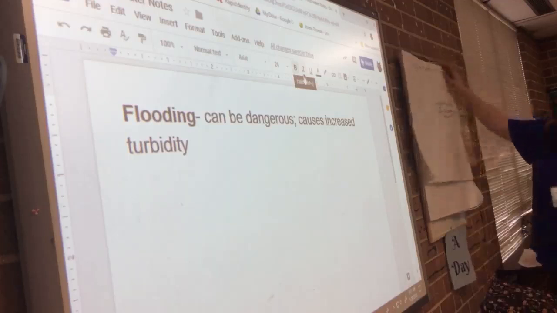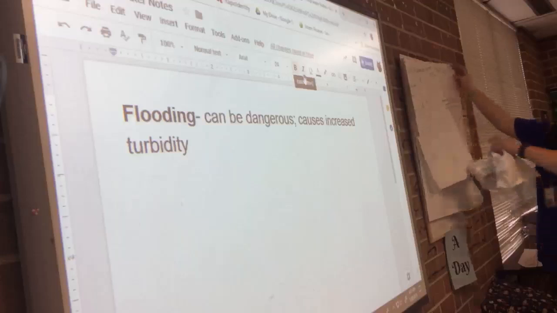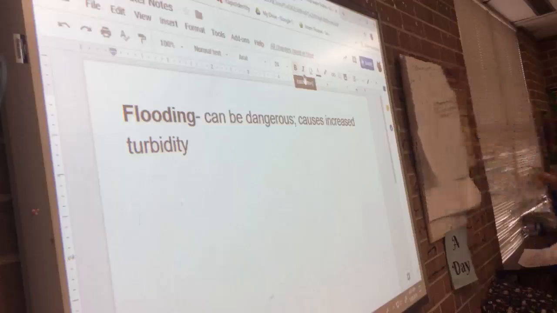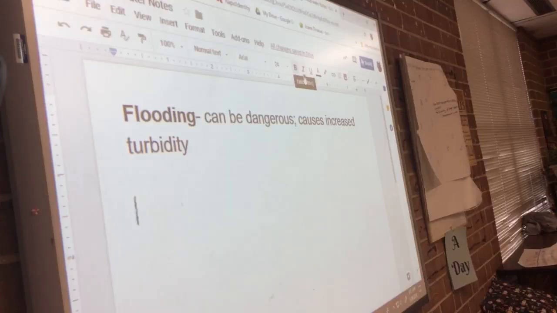All right. What are ways that water can get low DO, or dissolved oxygen levels? So we're going to title this Low DO. All right. So ways that low dissolved oxygen can happen.